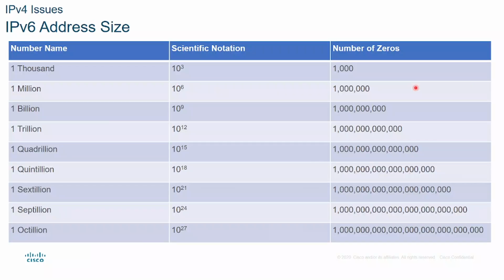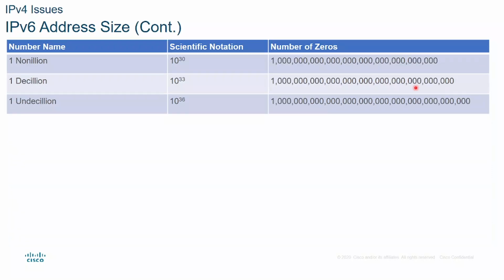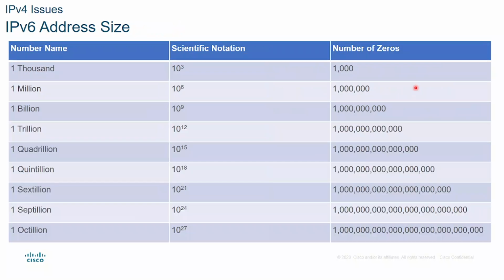Now let's look at IPv6 address size. IPv6 addresses can serve from thousands of users to even a zillion users. I know the people in the world are not even up to a quadrillion yet, but devices in the world, because technology is fast evolving, so more IoT devices are being introduced into the internet.